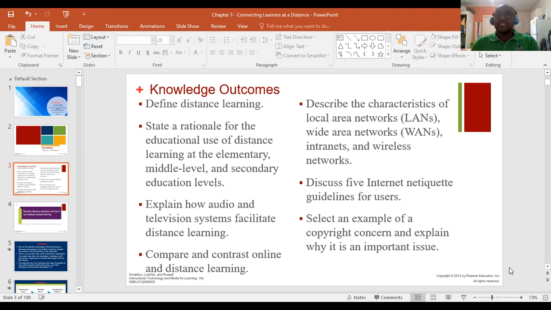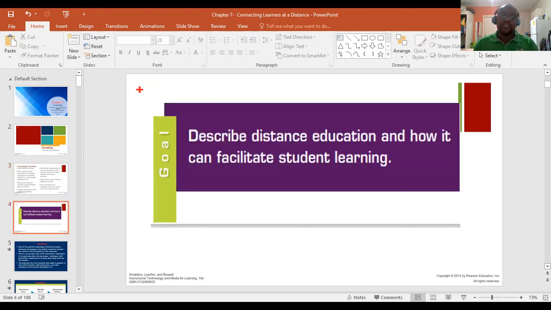We'll also discuss five internet networks guidelines from those who need to network on a day-to-day basis. And then we'll see how we can select an example of a copyright concern and explain why it is important for you as teachers to be aware of that.